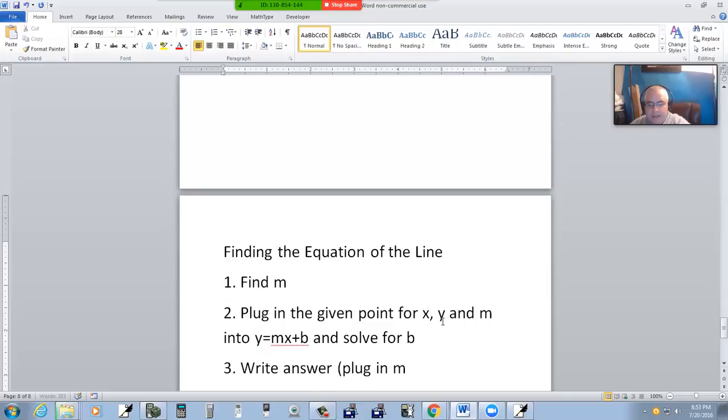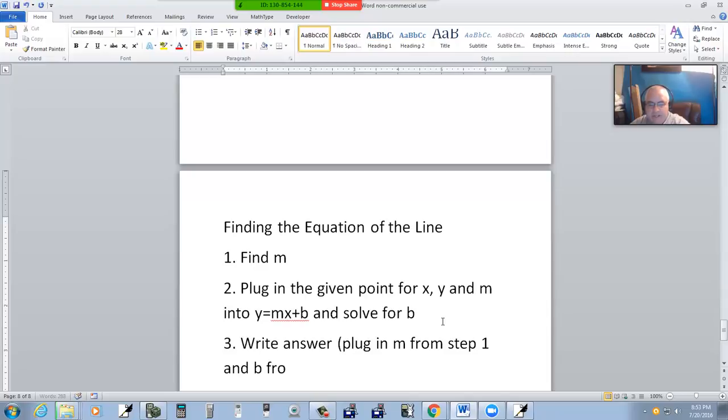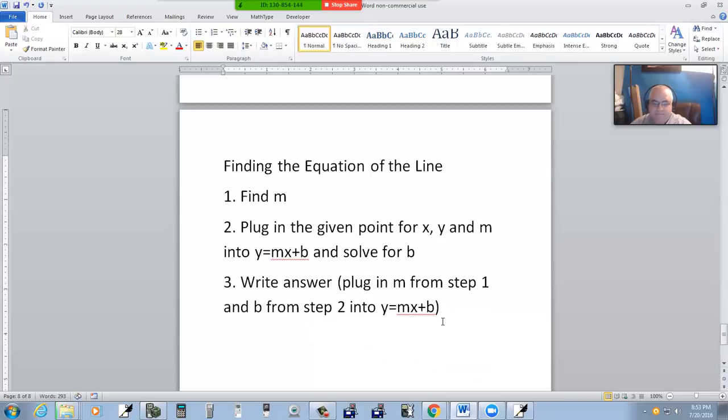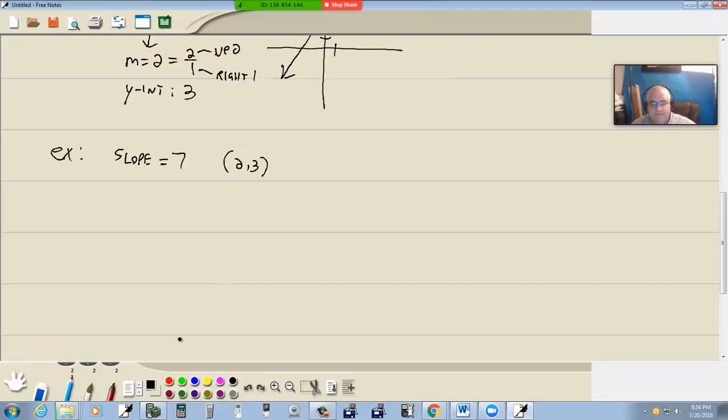We're going to plug in m from step 1 and b from step 2 into y equals mx plus b. So step 1, find m. Well, this one's easy. M's given. They tell us slope is 7.